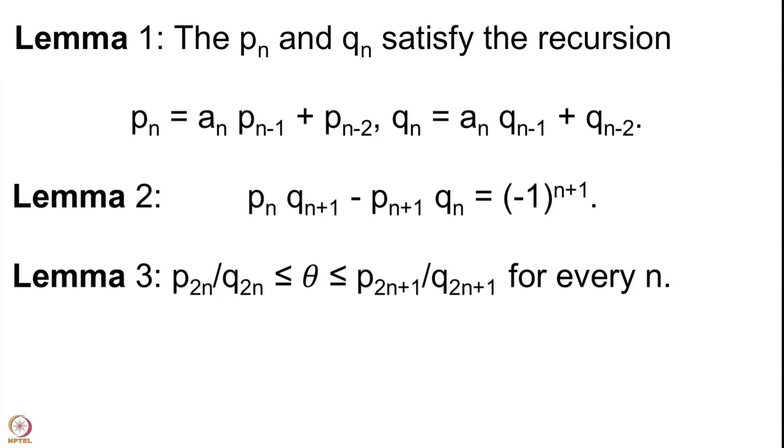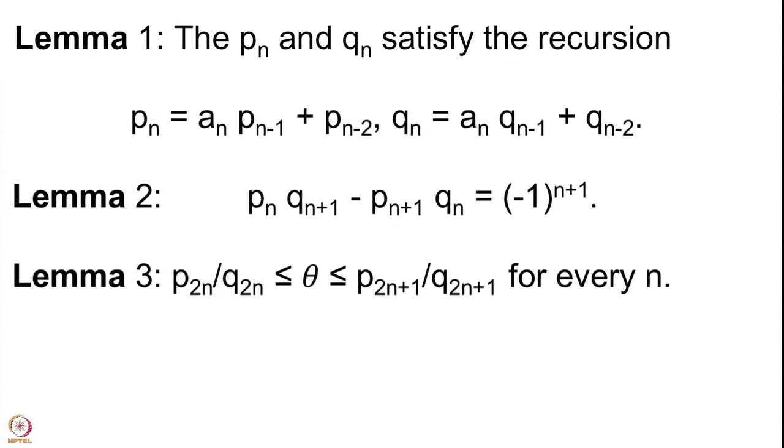But in any case, as Qn are all positive numbers and the nth one is at least the sum of the previous two, we see that Qn goes to infinity as n goes to infinity. So, thus we have proved our fourth lemma.